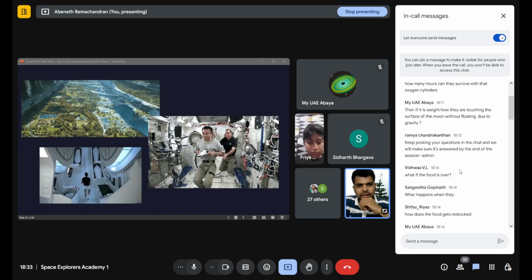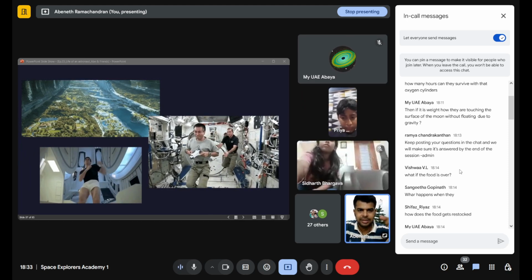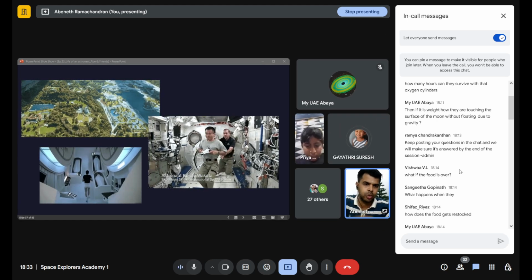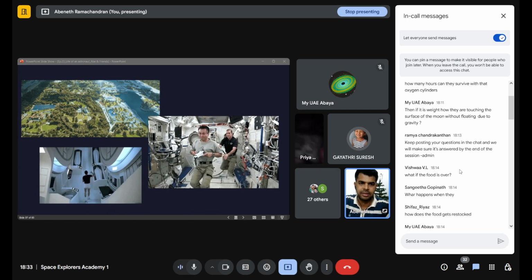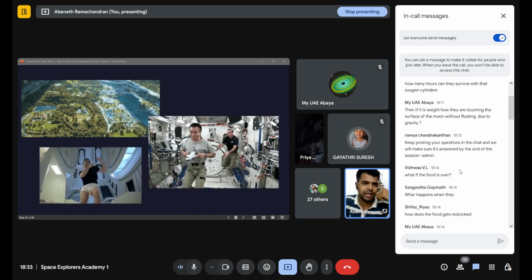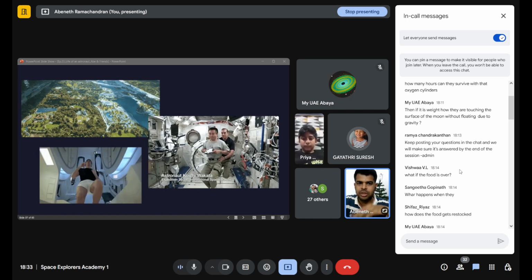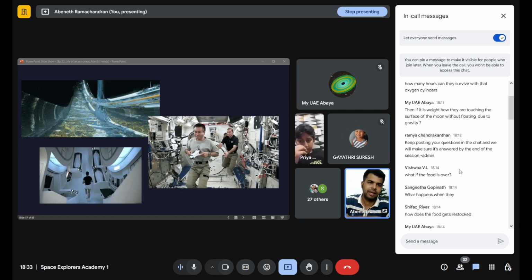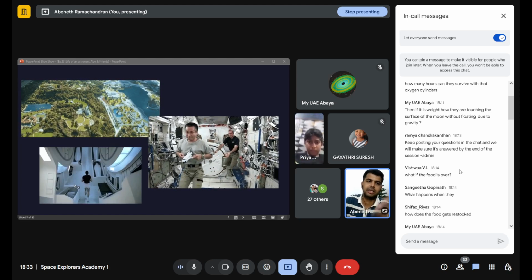Every 45 minutes they will see a sunrise and every 45 minutes they will see a moonrise. So every 1.5 hours they will be seeing the sun and the moon again and again. That is how fast it is. For them there is no daytime and night time, no fixed sleeping time. Whenever they go to sleep, they will set an alarm clock, and after 7 or 8 hours they will get up again.